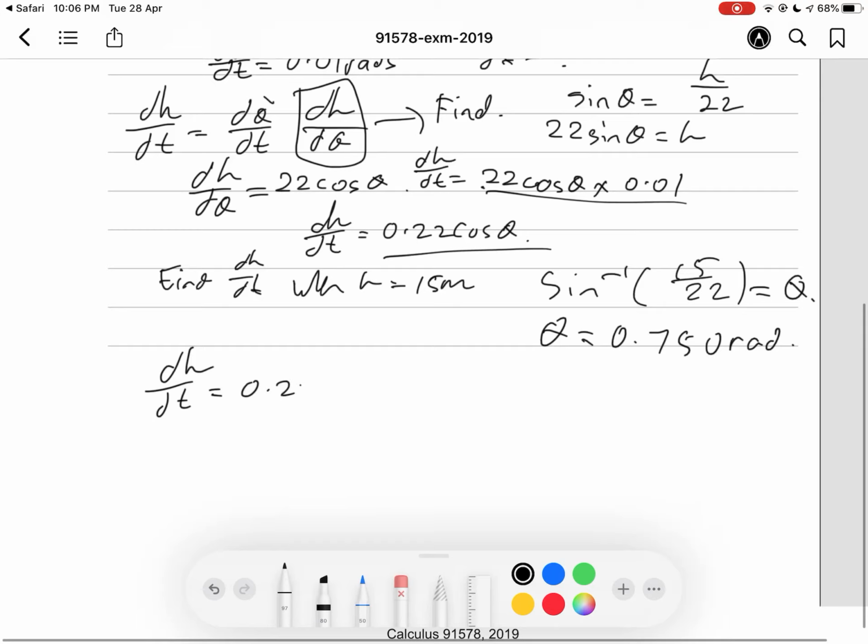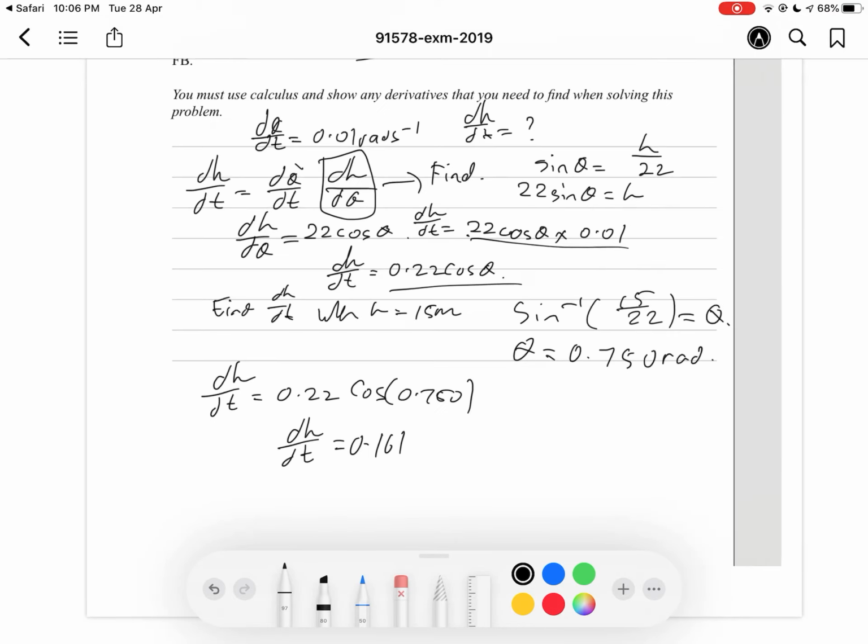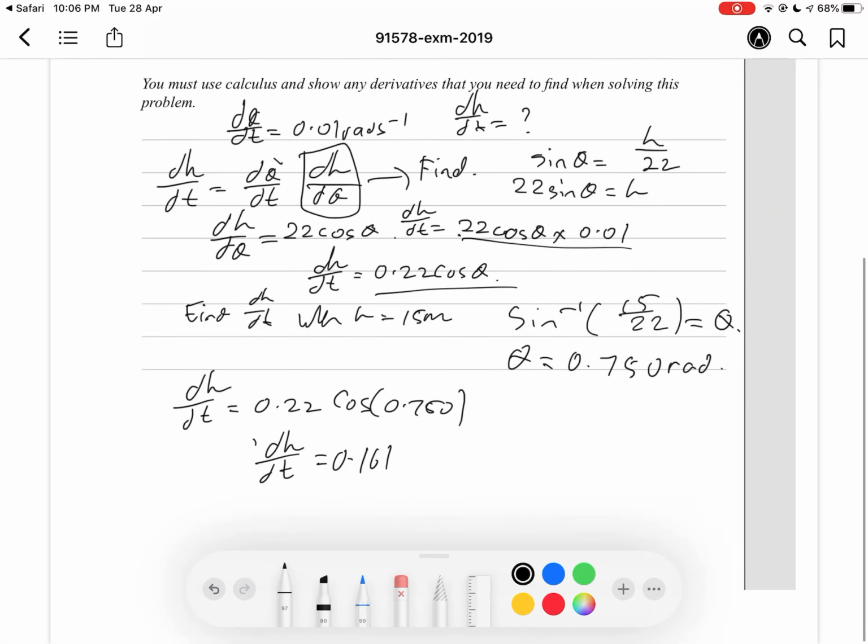So dH over dt equals 0.22 times cos of 0.570. That should give us dH over dt equals 0.161, and the unit would be meters per second, because dH is in meters and time is in seconds.